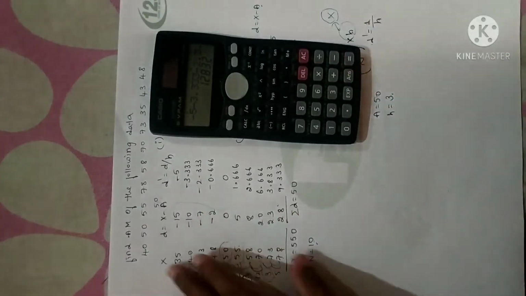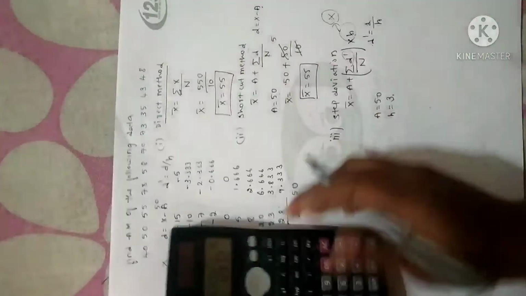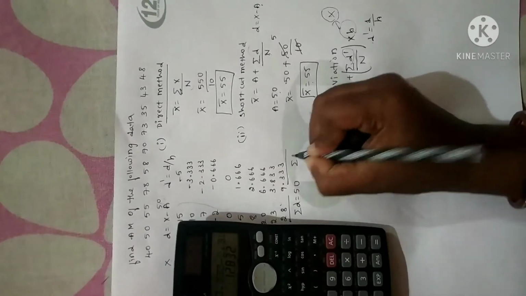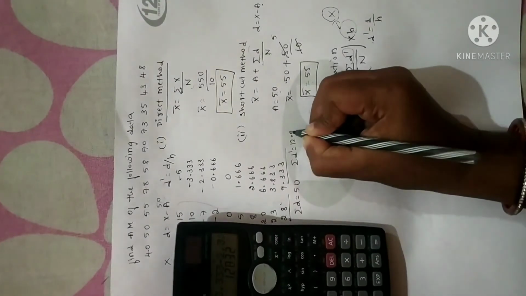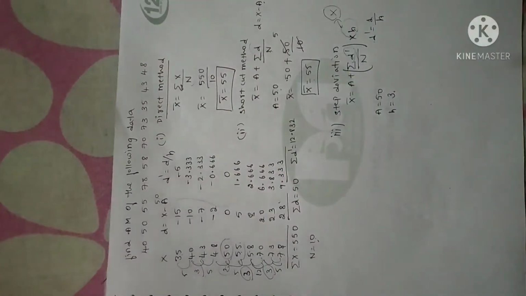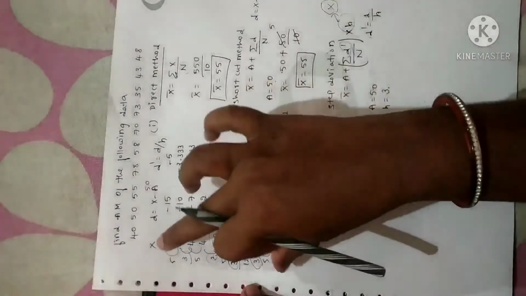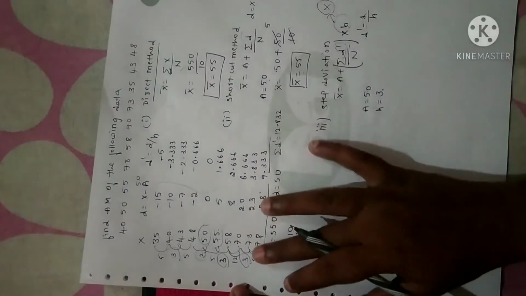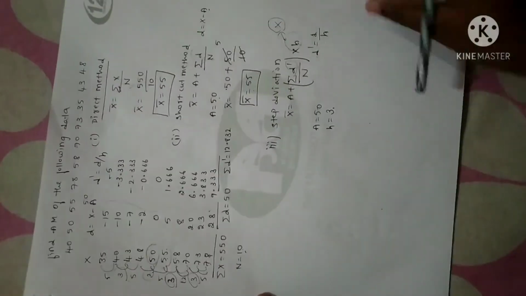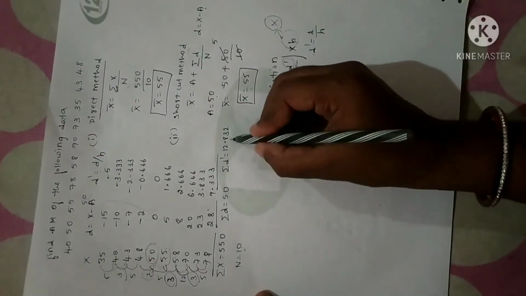When you add all this, you will get 12.832. So sigma d dash is 12.832. Fine. In the notes, you can write separate steps, or else you can write like this only. So sigma d dash is 12.832.